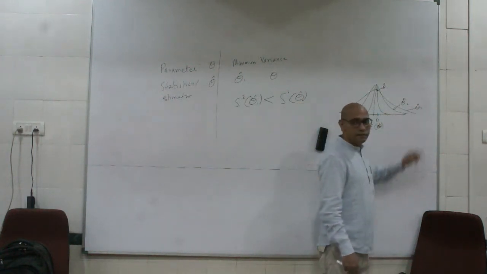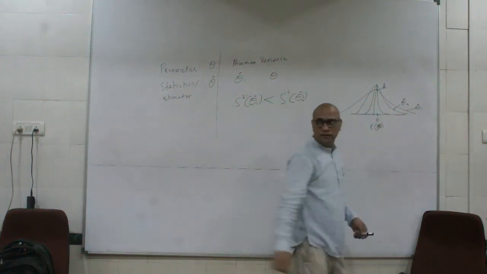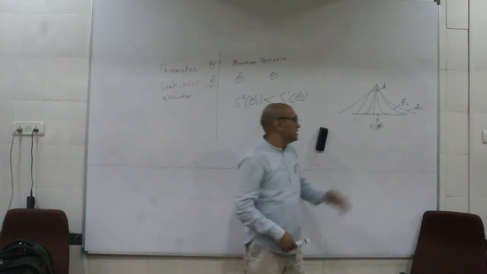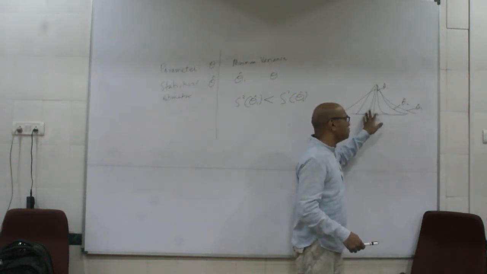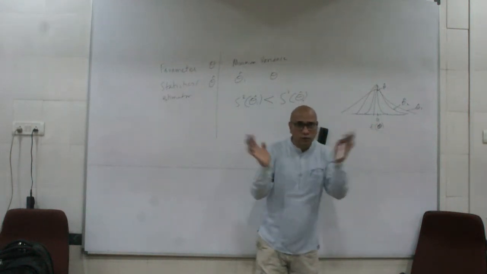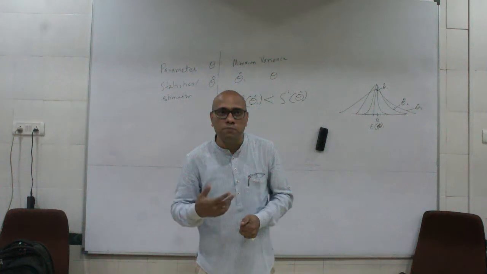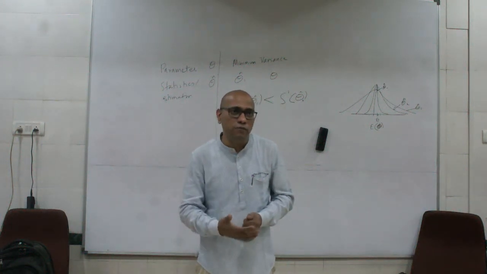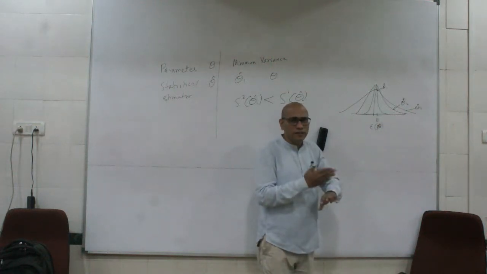Suppose I take theta hat 3, there would be some value that would be this far, right? Whereas if I take theta hat 1 as the estimator of theta, then the chance that I would get values this far is very low. See, the point is, when I draw samples and get values of the estimator, the estimates would not be exactly theta.